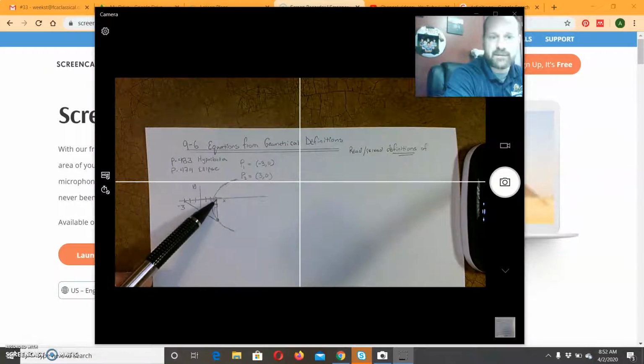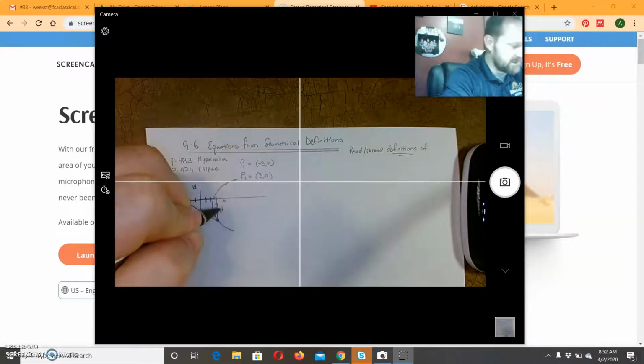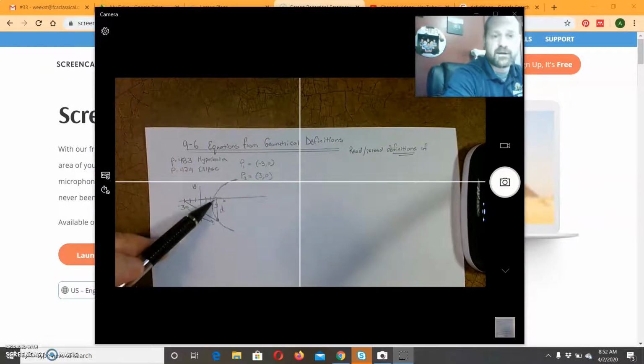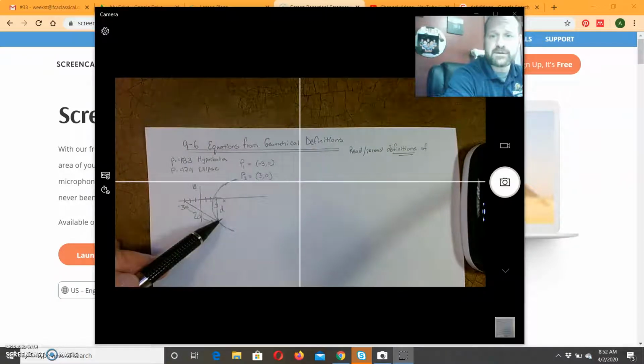It's not a straight line, but it's easier to see here. Half of it's there and half of it's there, so this distance is double this. If I called that distance D, then this distance would be 2D. So that's what we're given in this situation.